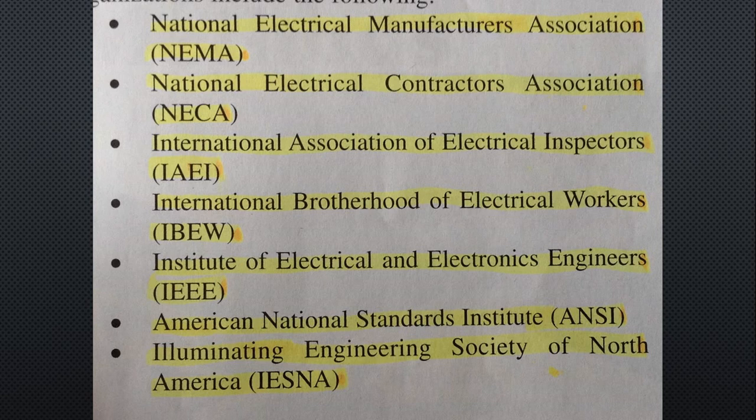These organizations include the following: the National Electrical Manufacturers Association, or NEMA, the National Electrical Contractors Association, or NECA, the International Association of Electrical Inspectors, IAEI, the International Brotherhood of Electrical Workers, IBEW, the Institute of Electrical and Electronics Engineers, the IEEE, the American National Standards Institute, ANSI, and the Illuminating Engineering Society of North America, IESNA.